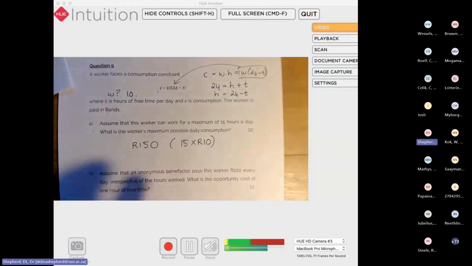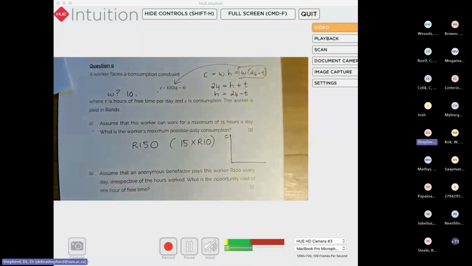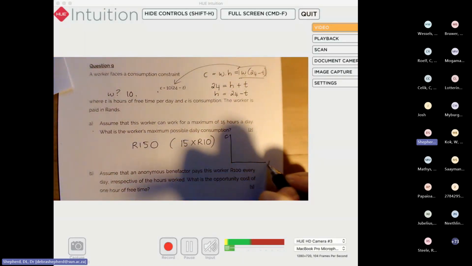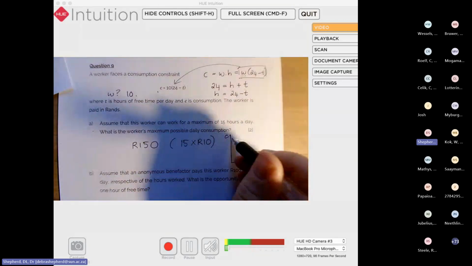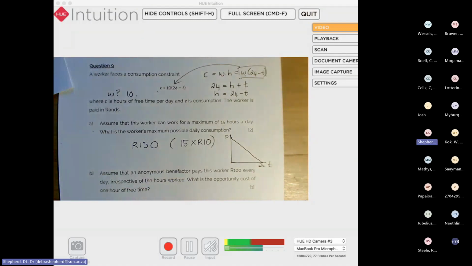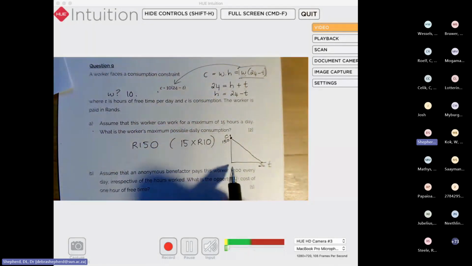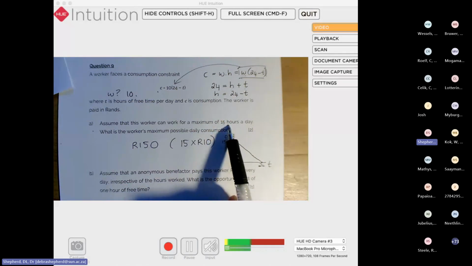So if I had to plot this worker's consumption constraint, so if I have consumption on the y-axis and free time on the x-axis, the budget constraint would have 24 as the intercept there, and that intercept would be 150. What would this value at the origin be if at most you can work 15 hours a day?